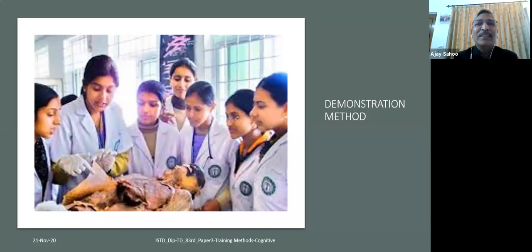Right. So because it's actually a visual method, right? And like Mr. Panda said, the visual memory is very difficult to erase. You can hear something and the very next day you will forget.